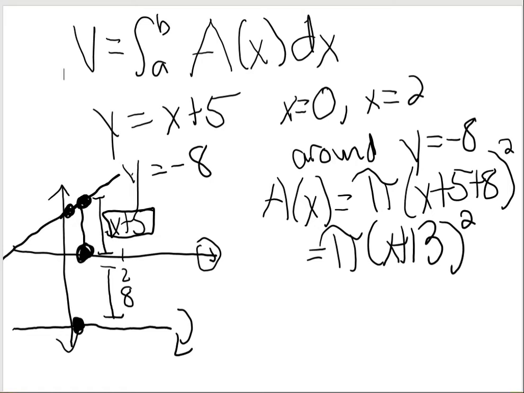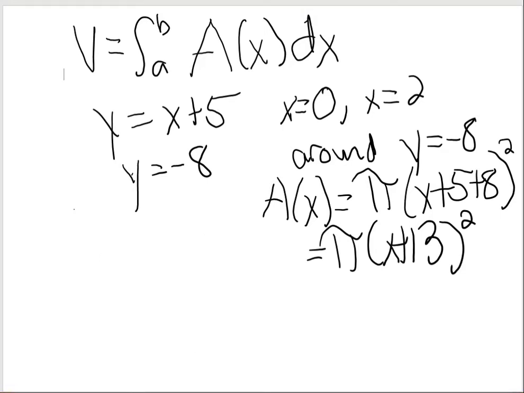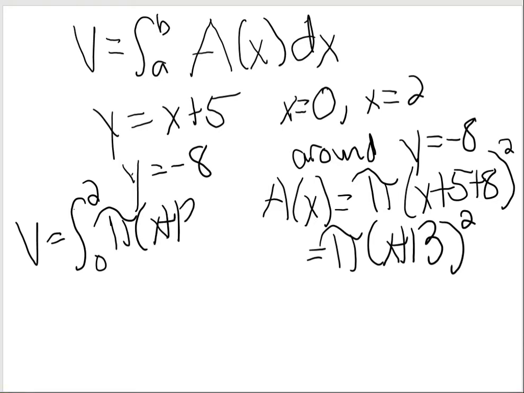Okay, so now, using all this information, we can compute the volume. So it's going to be this integral from 0 to 2 of pi times (x plus 13) quantity squared dx. I could use u-substitution here, u equals x plus 13.